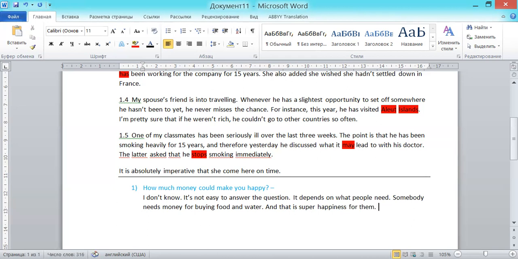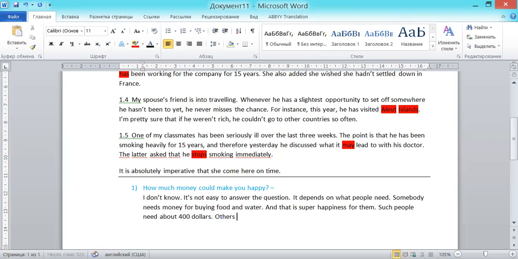Such people need about $400. Of course, in US dollars, $400.